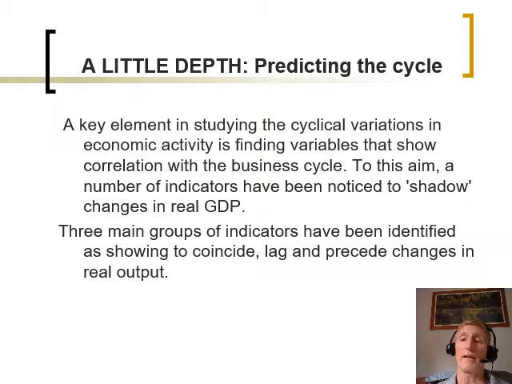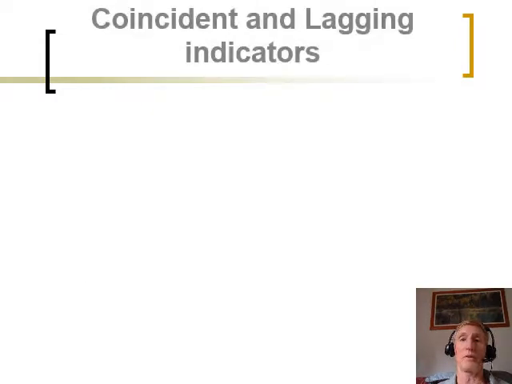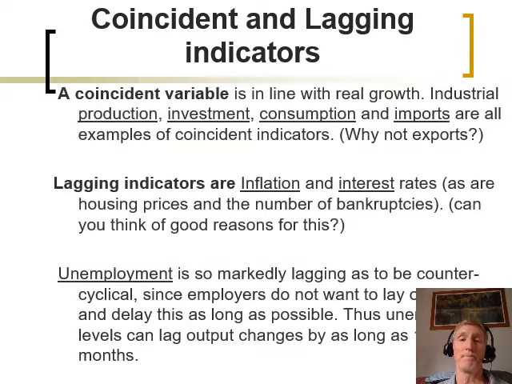For example, what's happening at the same time as the actual business cycle is levels of production and investment, as you would expect, and imports, and not so much the exports, because quite often there are already contracts in place for exporters to continue to export their product, and that will be more of a lagging indicator.